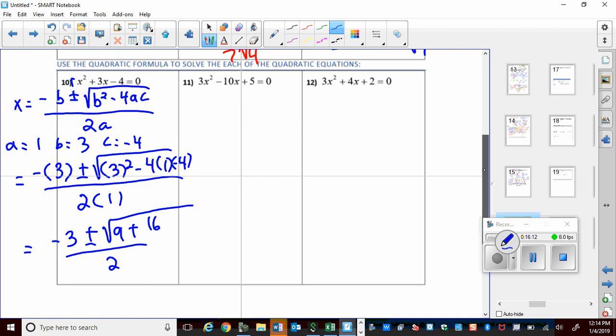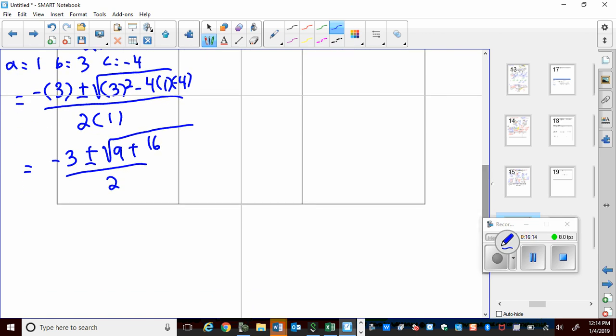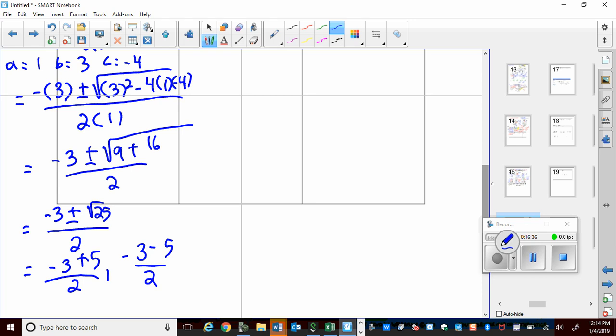Simplifying, you should always get two different answers. So here I get negative 3 plus or minus the square root of 25 over 2. This equals negative 3 plus 5 divided by 2 and negative 3 minus 5 divided by 2.